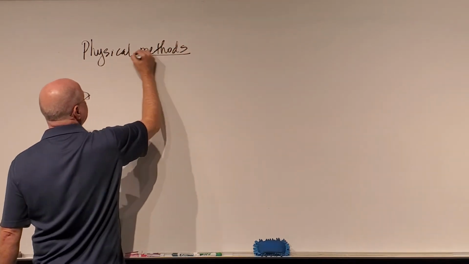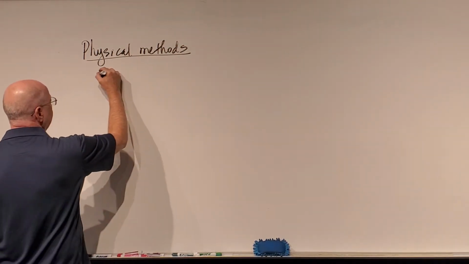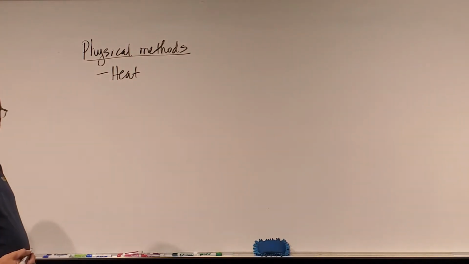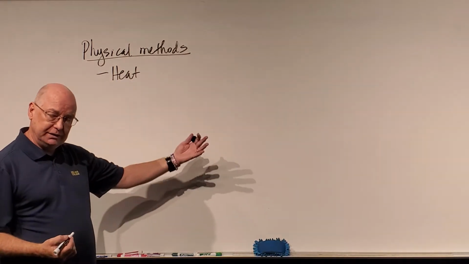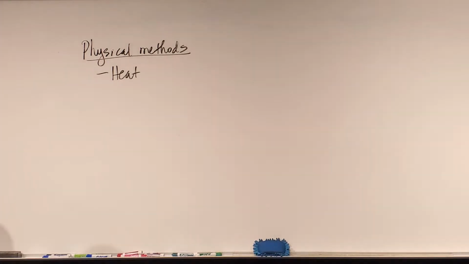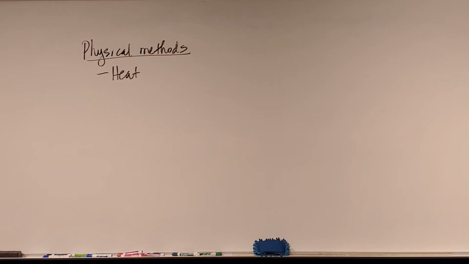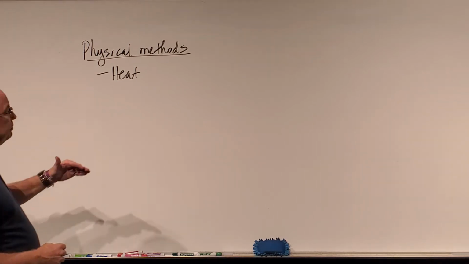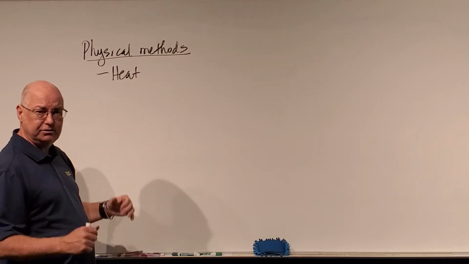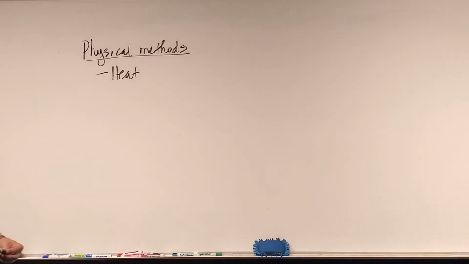So some of the physical methods, these are physical methods to control microbial growth. One of the most common and easy to use is heat. As we know, heat can melt DNA or change the structure of DNA. It can denature proteins and really disrupt bacterial growth. And even sometimes under direct heat, we can simply incinerate, burn the bacteria to nothing but some carbon.